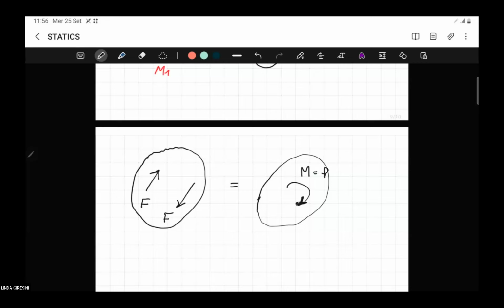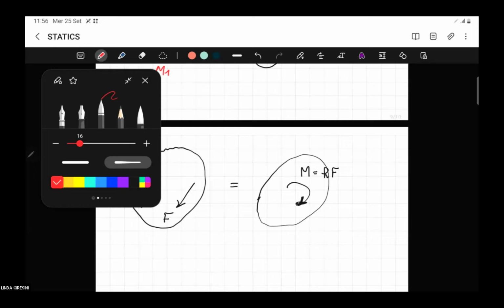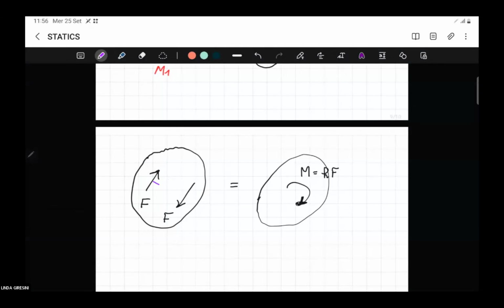And the moment is equal to H times F, the magnitude, of course. And this is the distance H. Okay?